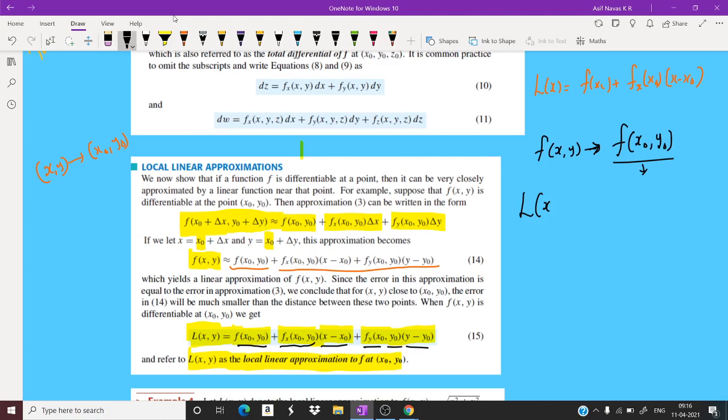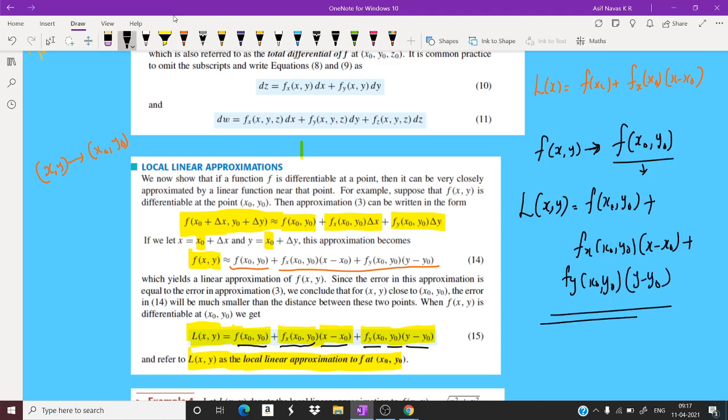So if we want to find any value near this point (x, y), this is equal to, actually we already know the value f(x₀, y₀), plus f_x(x₀, y₀) times (x − x₀) plus f_y(x₀, y₀) times (y − y₀).